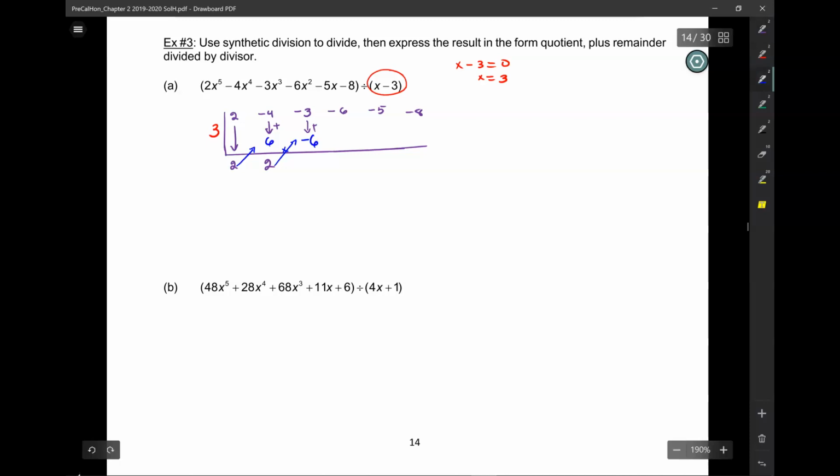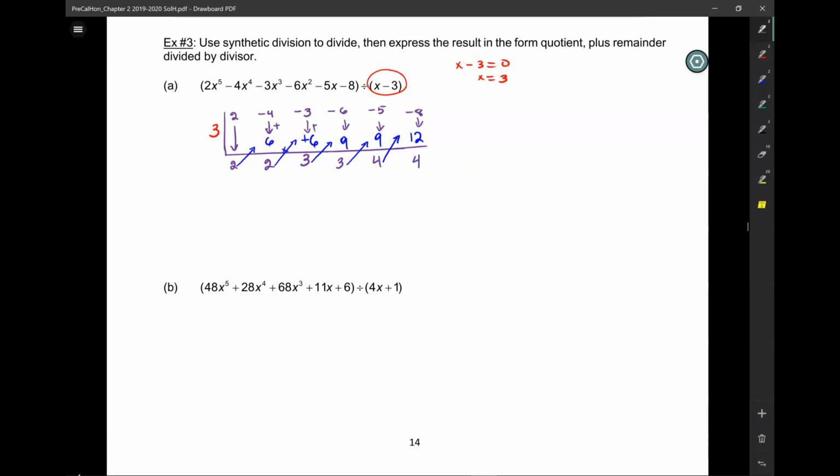Oh, sorry, +6, and I get 3, because we just multiply by 3 each time. So multiply by 3, get 6, add, get 3. Then multiply by 3, get 9, add, get 3. Multiply by 3, get 9. Add makes it 4. Multiply, we get 12. You add, you get 4.